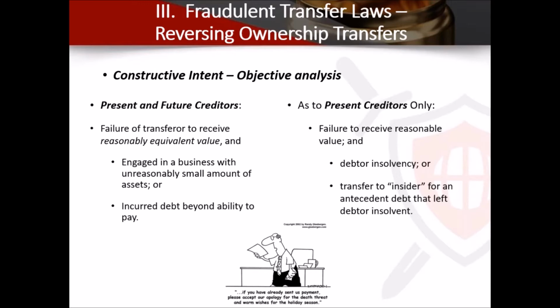A lot of times you can save these transactions by just not becoming insolvent. If you didn't intend to do a fraudulent transfer and you kept some exposed assets in your name, you're not insolvent. So that whole line of cases, that ability of a creditor to reach your assets, goes away.